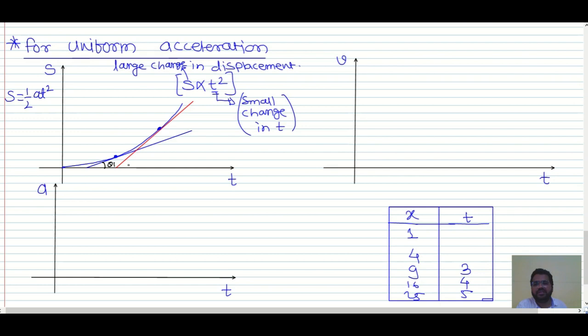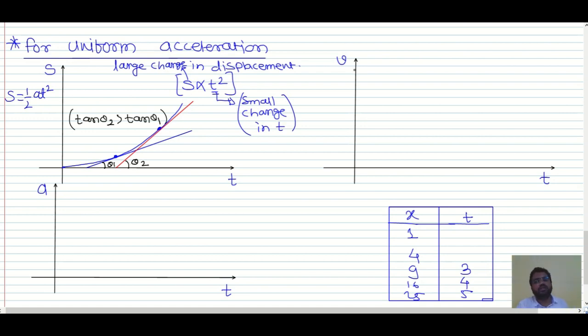At this point consider theta 1, and at this point theta 2, we have tan theta 2 greater than tan theta 1, so we can say that it is an accelerating motion. So whenever the slope is increasing on a displacement time graph, we can conclude that it is a uniformly accelerated motion.